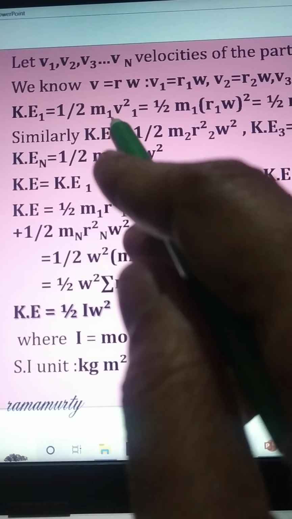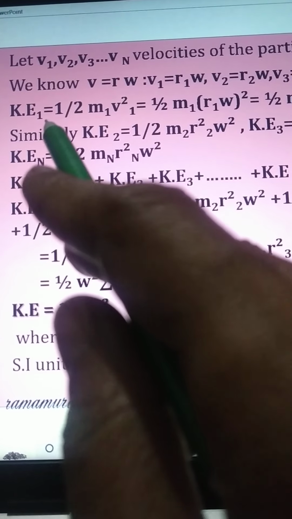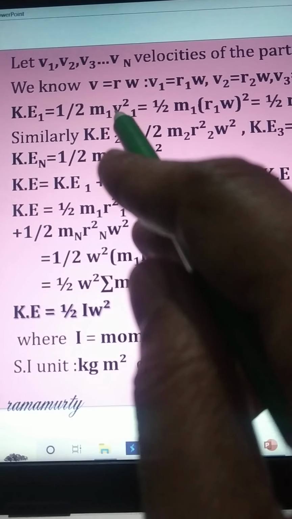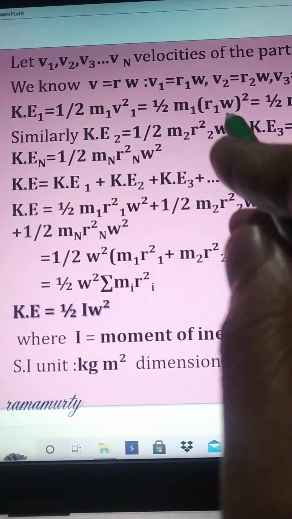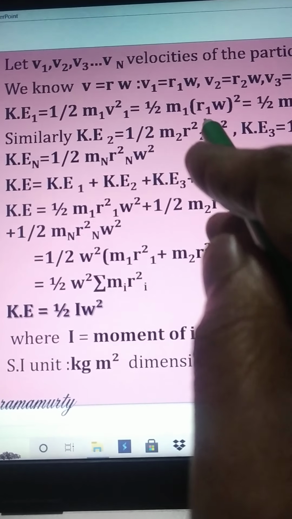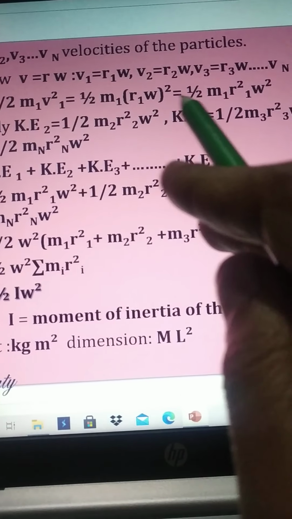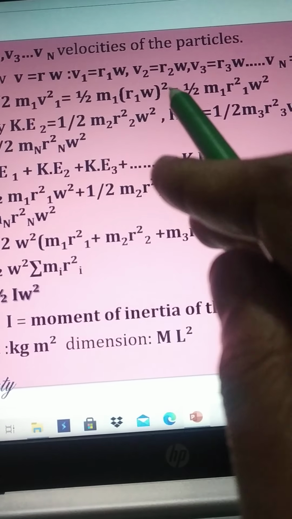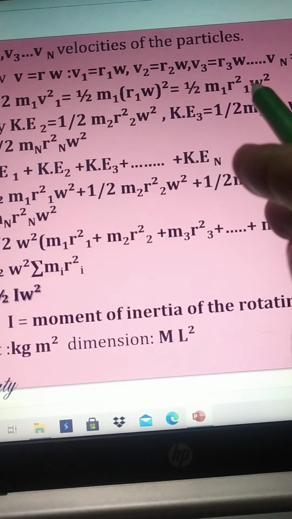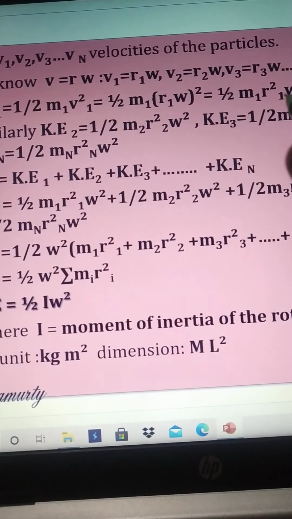So the kinetic energy of the first particle is half m1 v1 squared, and v1 is nothing but r1 omega. Putting in the value, we get half m1 (r1 omega) squared, which solves to half m1 r1 squared omega squared. This is the kinetic energy of the first particle, and similarly for the second, third and up to n particles.